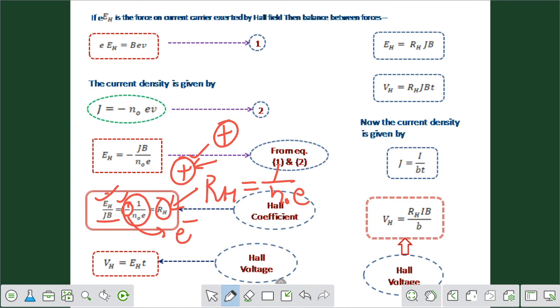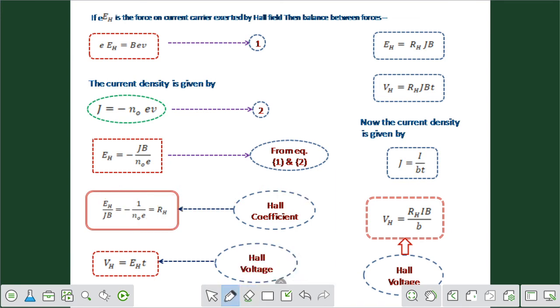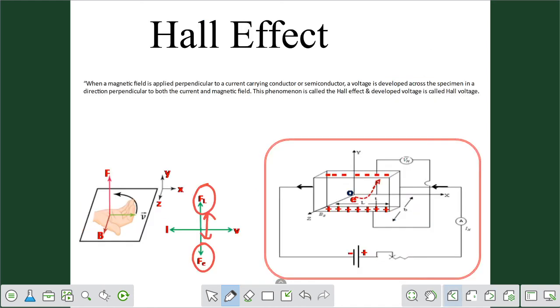Got my point? Now from that equation, VH is equal to EH t, meaning the Hall voltage. In the previous diagram, if you see here, that is the Hall voltage.